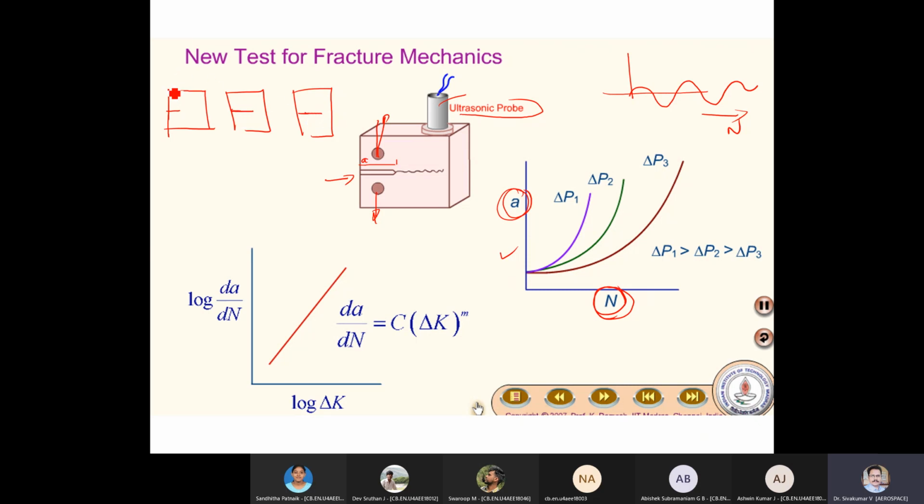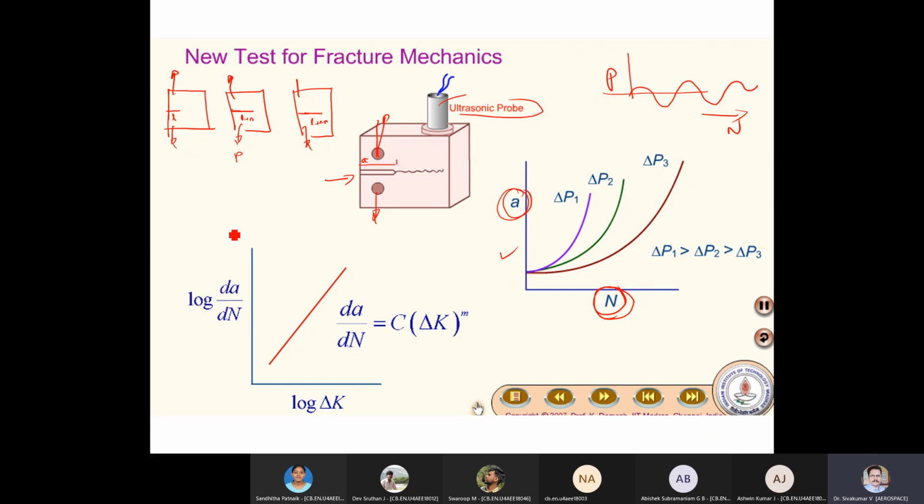That's the only difference. Same load, same material, same geometry. Only crack length is more. So here L, here L plus del, here L plus 2 del, like that. These three, I am applying the same load in the same fashion.